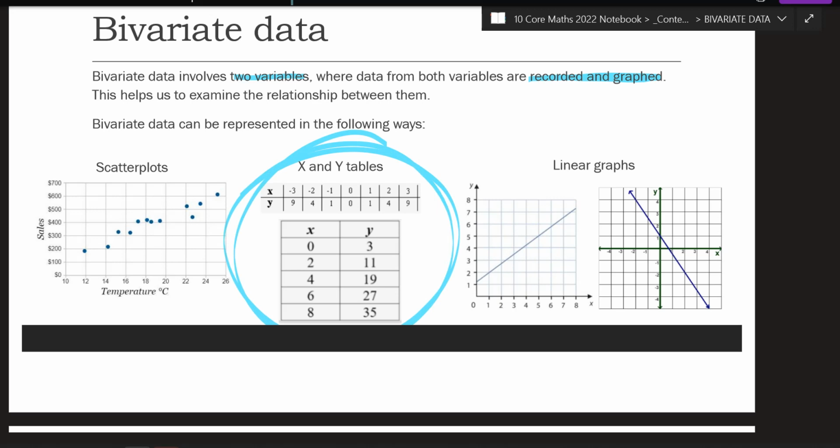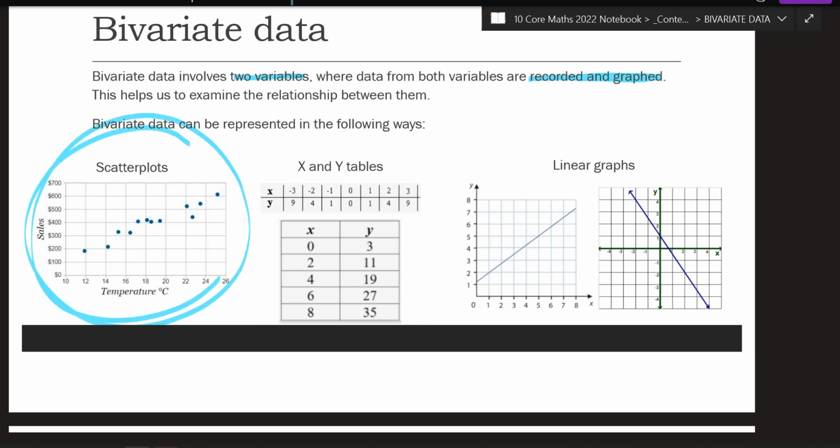It's a bit tricky because it's just a bunch of numbers. But if you represent it in a graph, you can probably say, oh yeah, there's something happening here. Every time it gets higher in temperature, for some reason there's more sales. It's easier to represent data in a graph like this as opposed to a table. That's why we represent them this way.